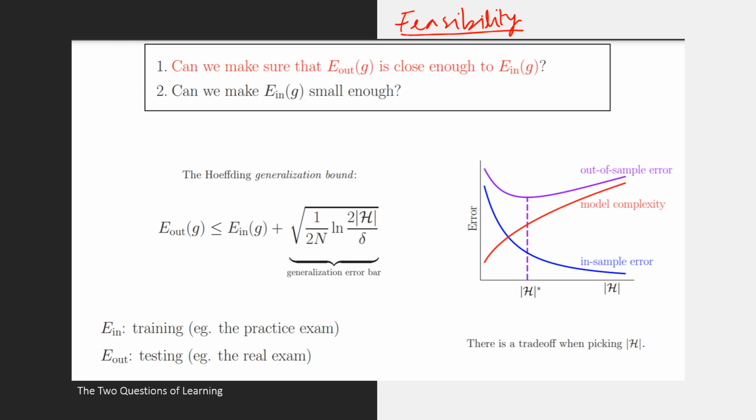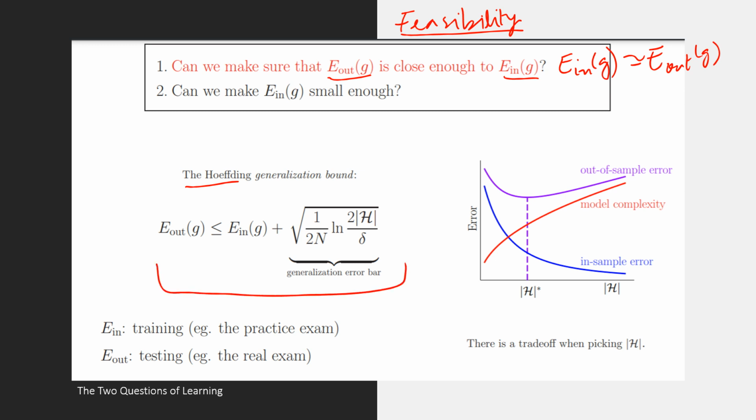The first one was, can we make sure that E out, which is the out of sample error, and the in sample error, are close enough? Or can they be as close to each other as possible for some hypothesis g? And the answer to that question came out of something that's known as the Hoeffding's bound. So the first question is usually answered by the Hoeffding's bound, which gave us this equation.